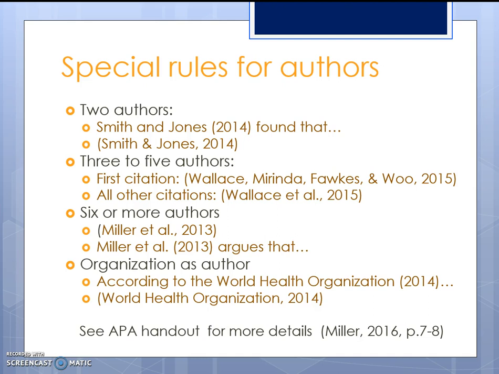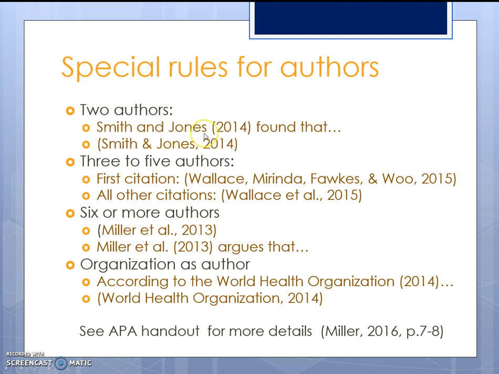Now, there are some special rules for authors, especially in fields like psychology and sociology and nursing. We'll find that we often have multiple authors working together on the same work. So there are special rules for that. You can find more information on the APA handout on pages 7 and 8. But for two authors, we just list them both.